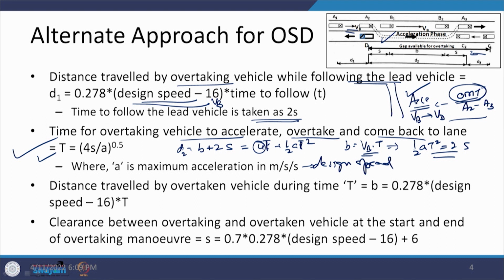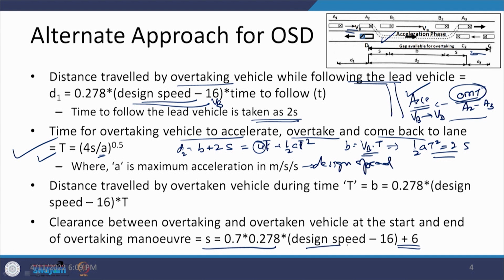So what you need is the value of a and the value of s, where s is 0.7 times the speed plus 6, and here the speed is Vb.